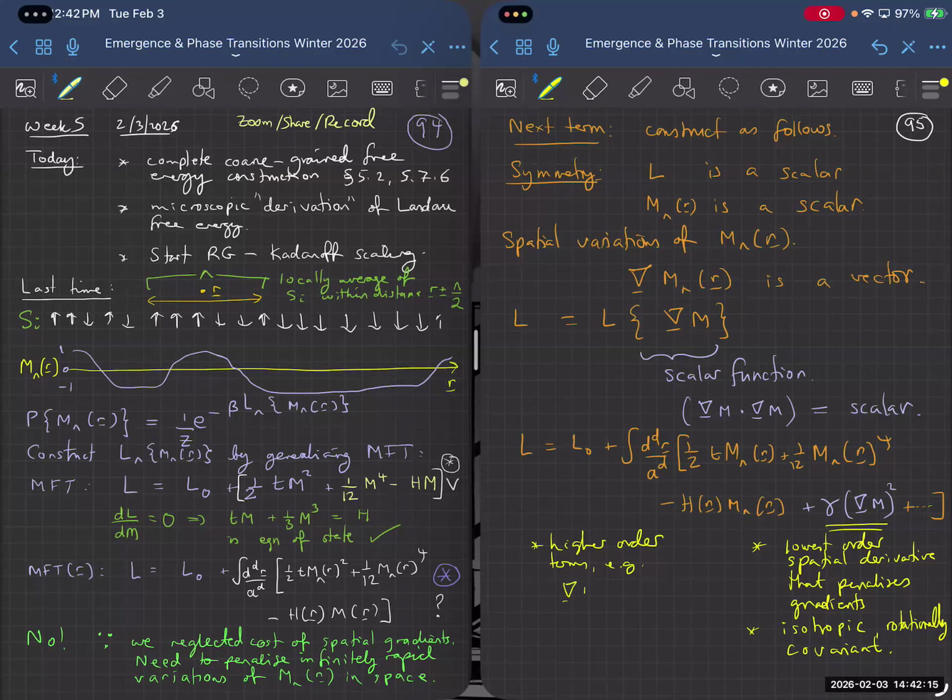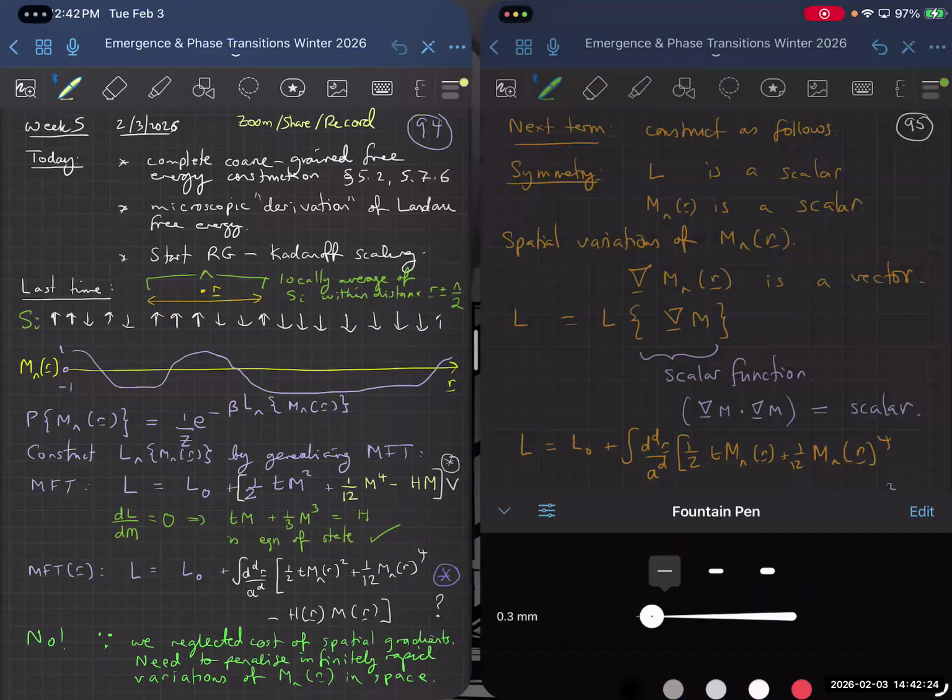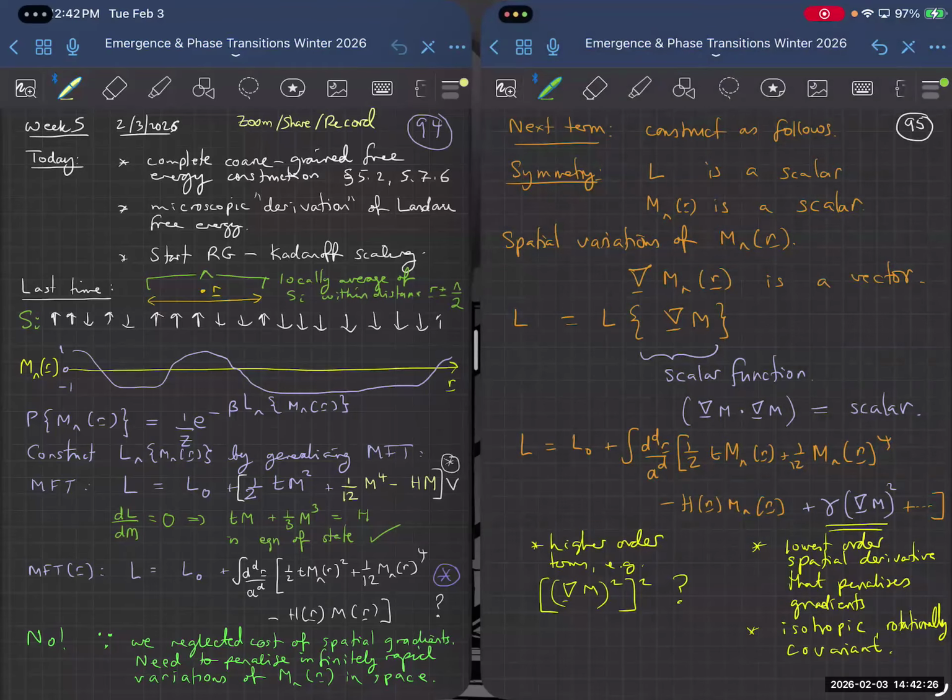For example, you might have grad m squared, that's a scalar, and then square that. So you could do that. But if you think about that in k-space, this is something like order k to the fourth, where k is the wave vector.